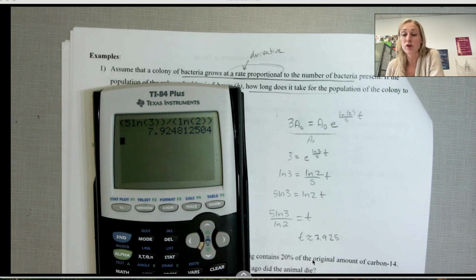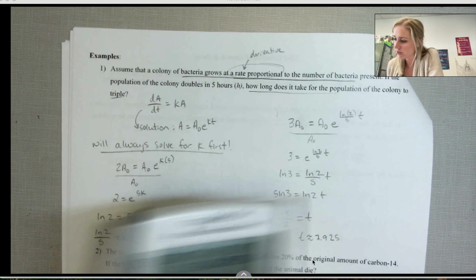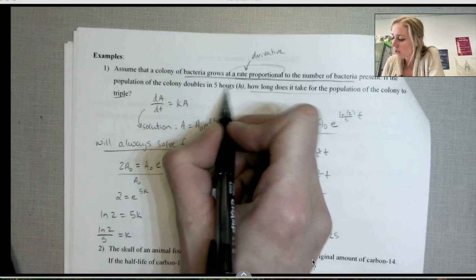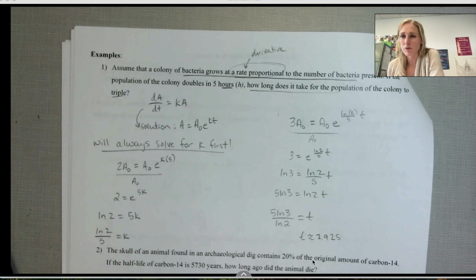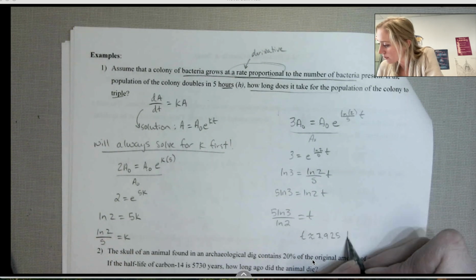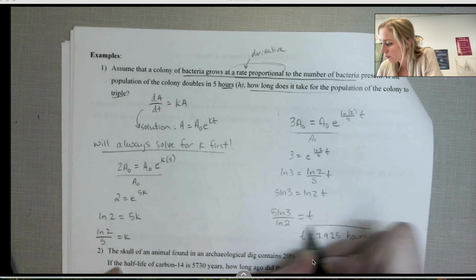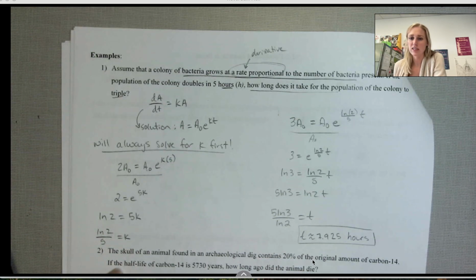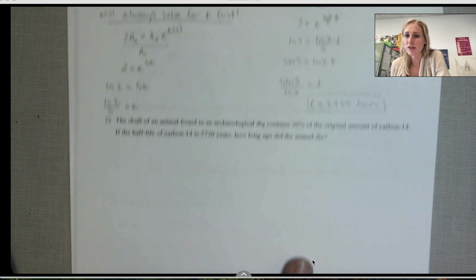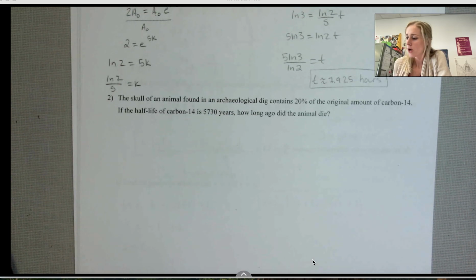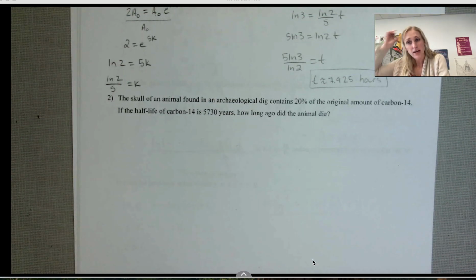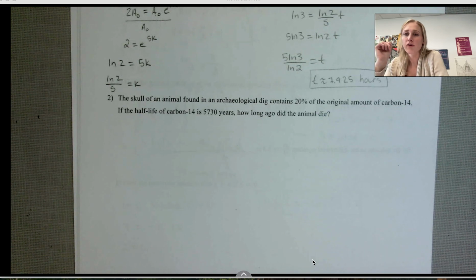In this case, it's going to be hours, not years, sorry, because they're asking about how long. So what was our time unit? It was hours. And they might ask us to round to the nearest whole number or things like that, but 3 decimal places otherwise.